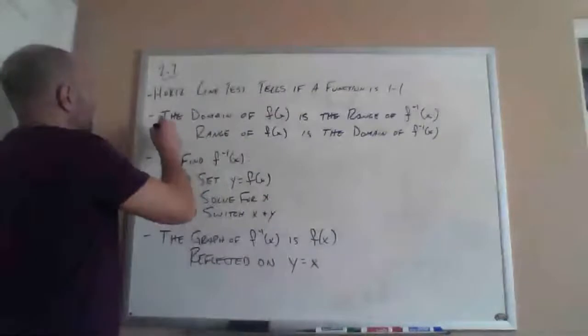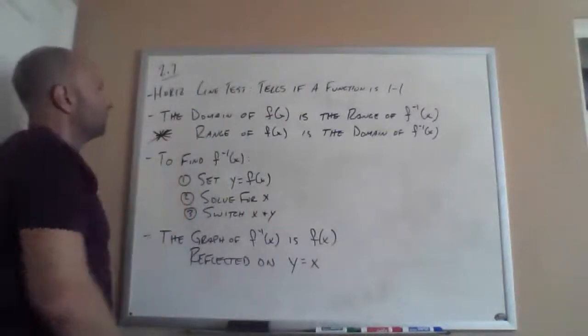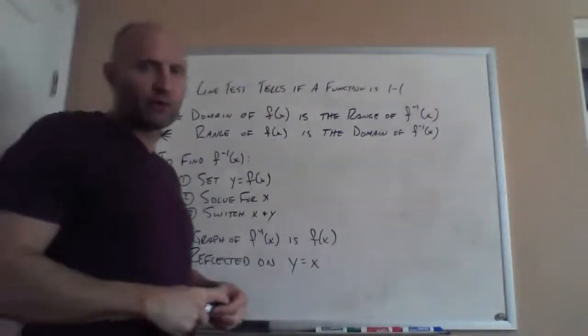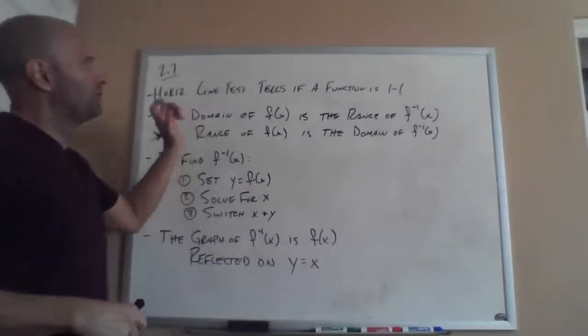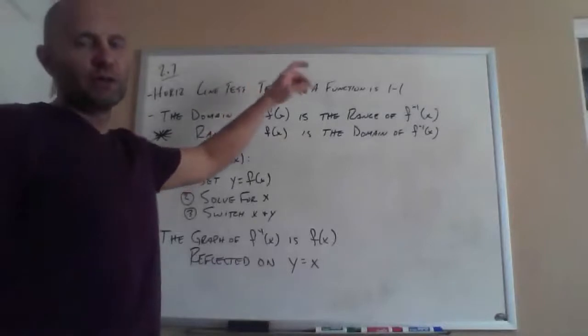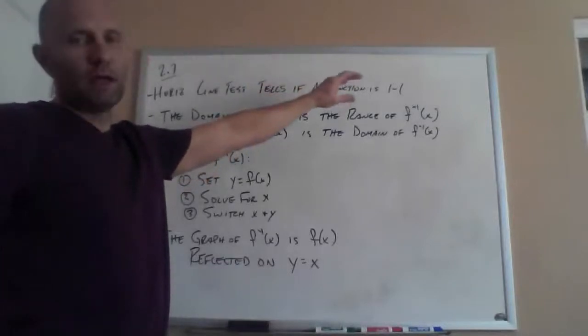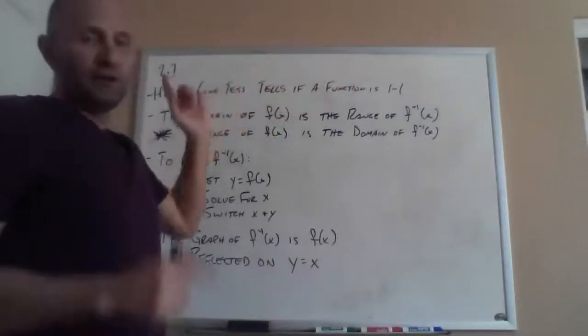This guy here, so the second part. So we're going to have these concept questions again. This is going to be one of the concept questions. How is the domain of f of x related to f inverse of x? And they just swap.